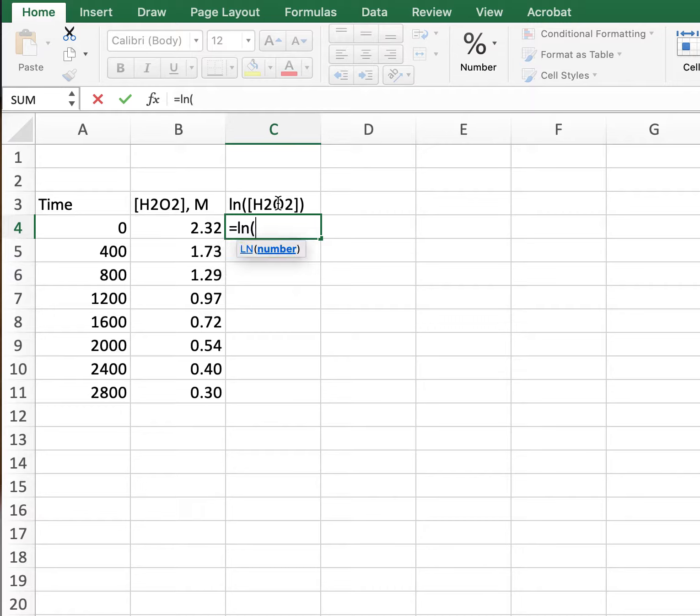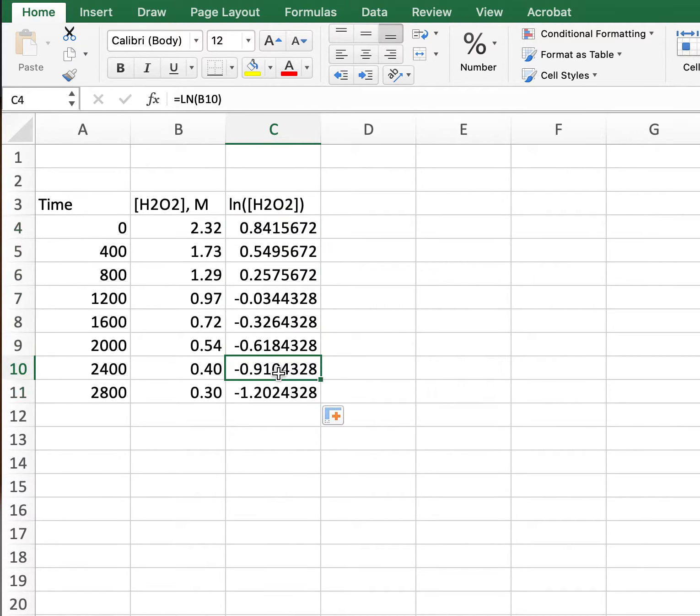You're going to open the parenthesis, and then you're going to do the one next to it, and that is the natural logarithm of 2.32. Then you're going to come back over that one and put your cursor over the lower right corner. You can see the cursor change, and when it does, you can click and drag, and it will automatically reference the cell right next to it. So those are all my natural logarithms.